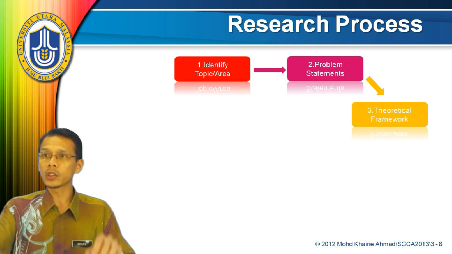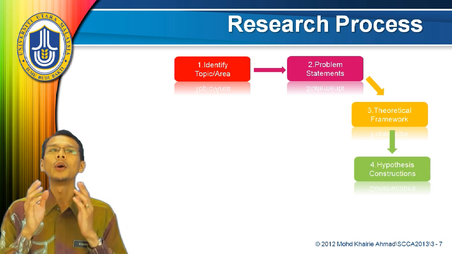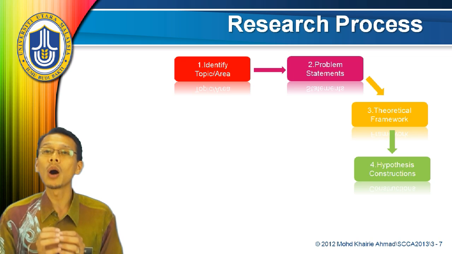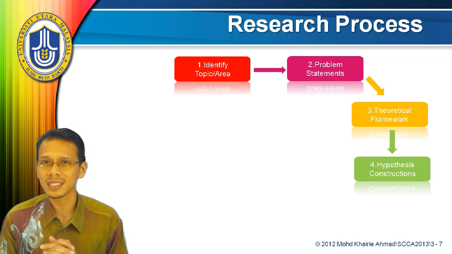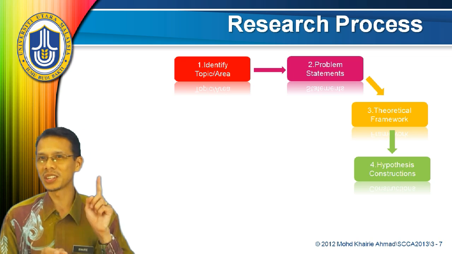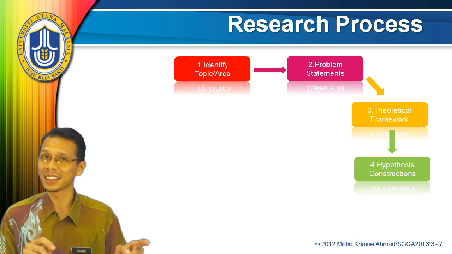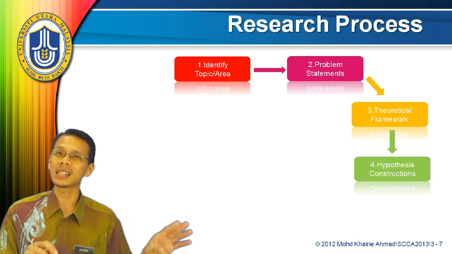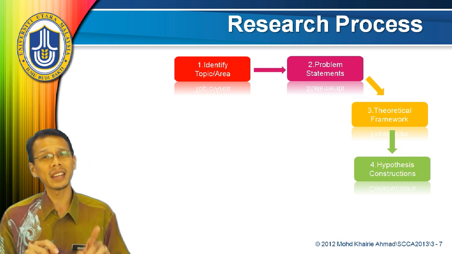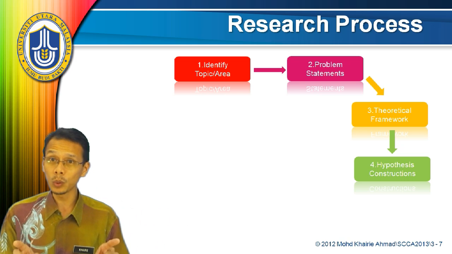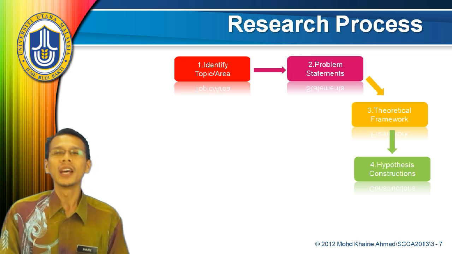Once we have identified our theoretical framework, the next thing is we will construct what we call a hypothesis. So what is a hypothesis? You still remember the second topic that we discussed before? Again, hypothesis is one of the main concepts that every researcher, you as a student of the research method class, should be able to know.